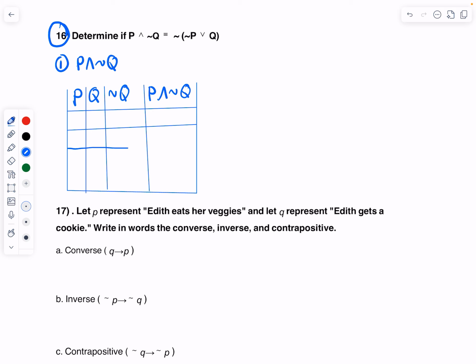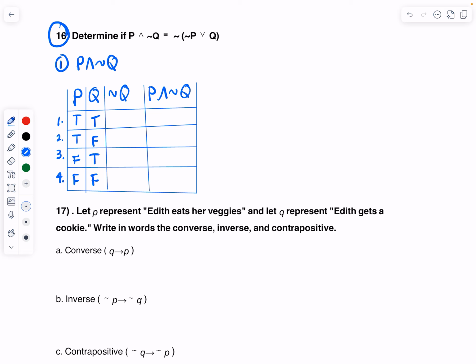Row 2, row 3, and row 4. P is true, true, false, false. Q is going to be true, false, true, false.